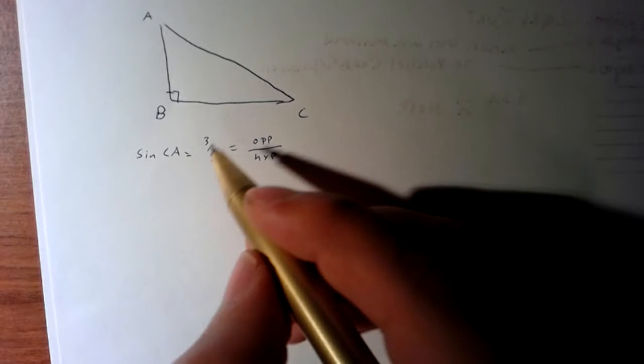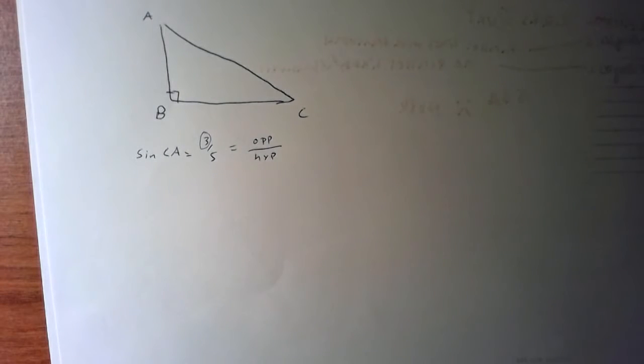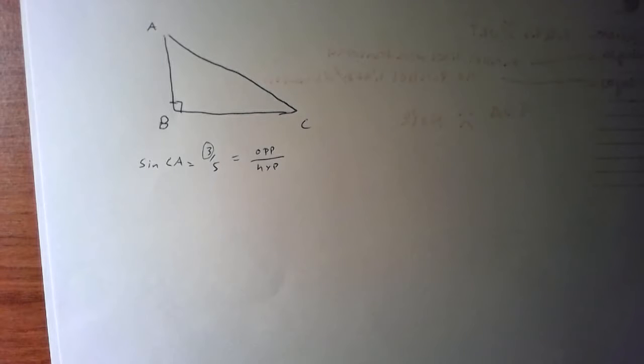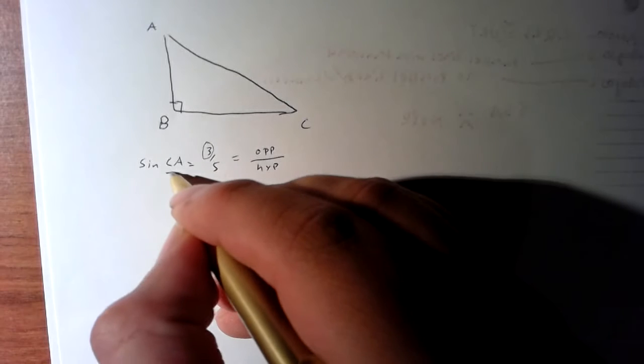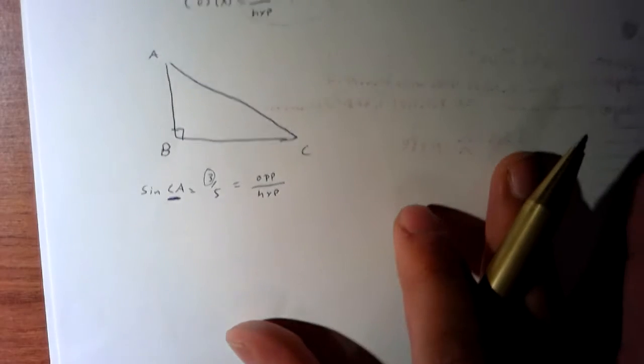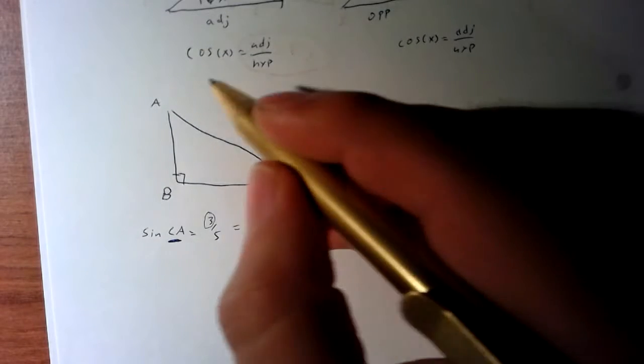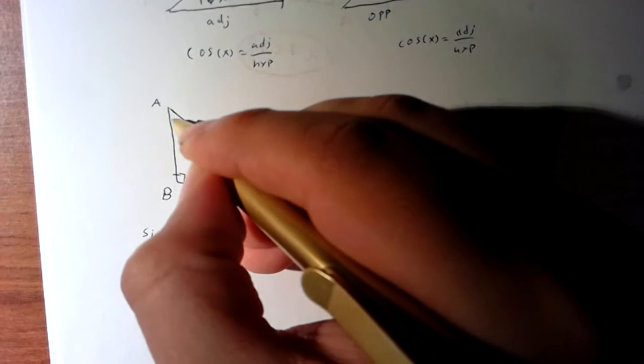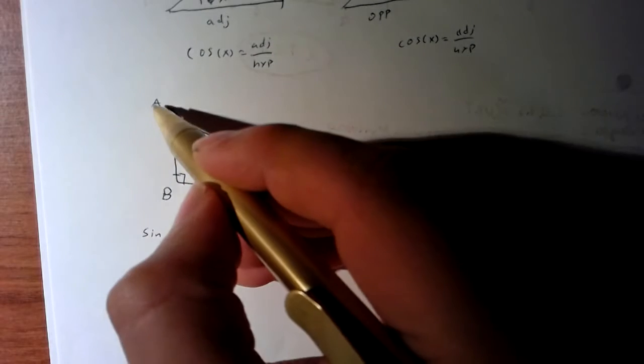Okay. That means that the number on top in the fraction, the numerator, corresponds to the opposite side. Question, opposite side of what? Well, what angle are we looking at here? We're looking at angle A. So where is angle A? Well, if you go to your triangle, angle A is just right here, where the capital A is.